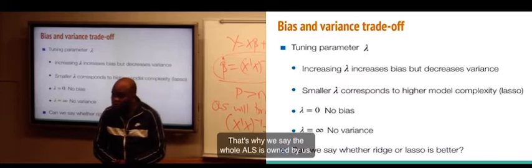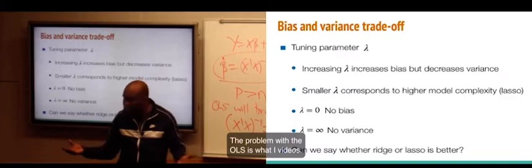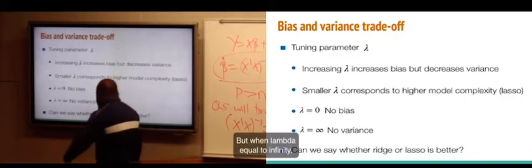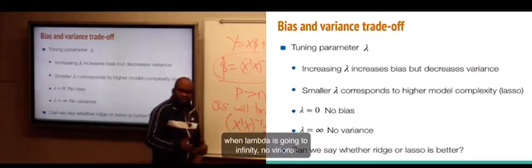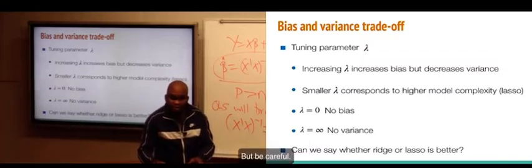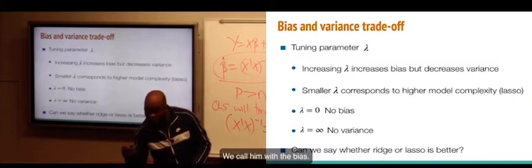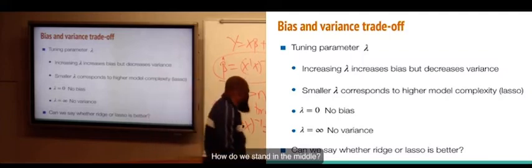That's why we say the OLS is unbiased. The problem with the OLS is what? High variance. But when lambda goes to infinity, there is no variance, but be careful: no variance comes with high bias. How do we stand in the middle?